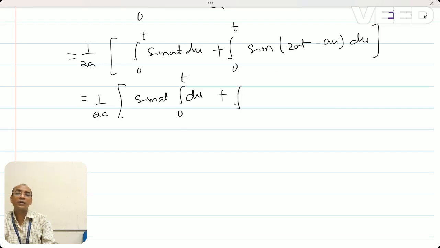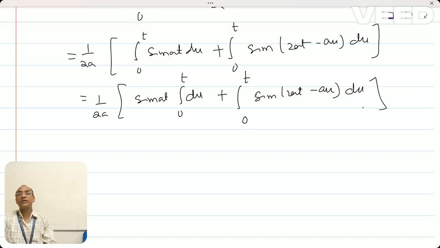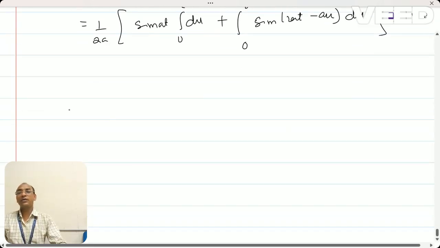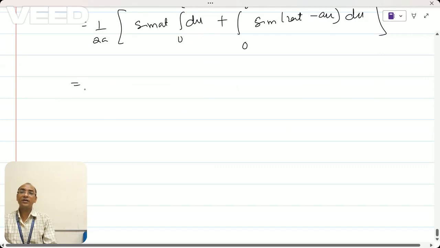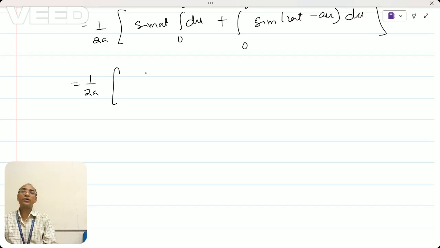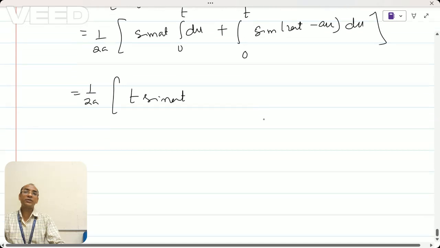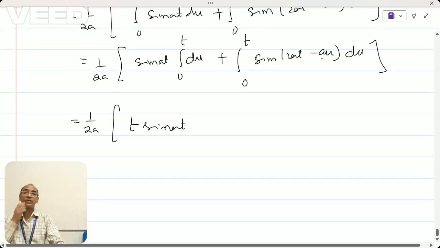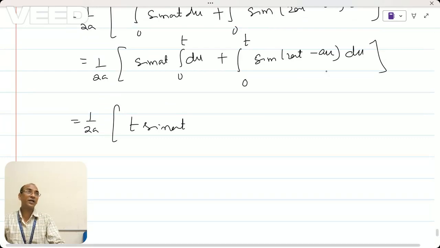So integration 0 to t of sin(2at minus au) du. Now you can integrate and simplify. You get 1 by 2a, and this will be t into sin at, and then integration of sin ax is nothing but minus cos ax by a.